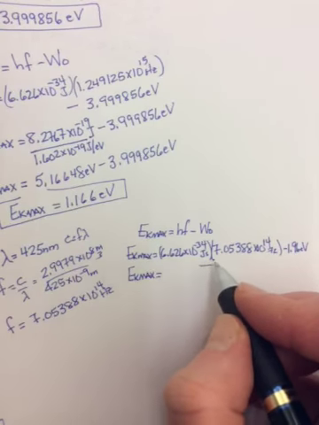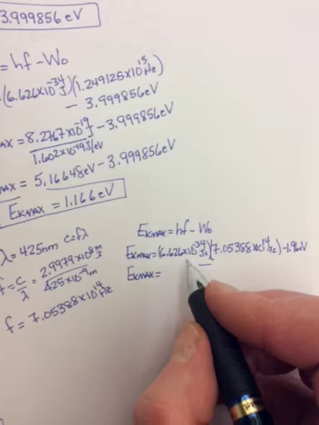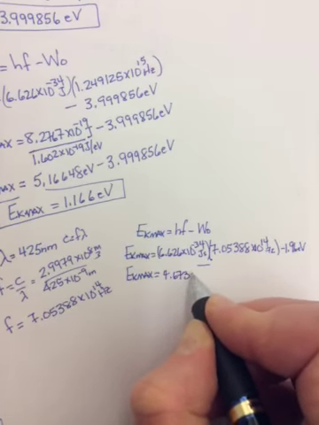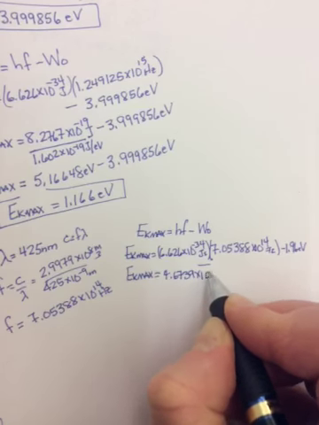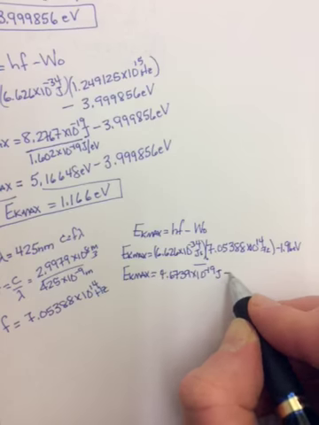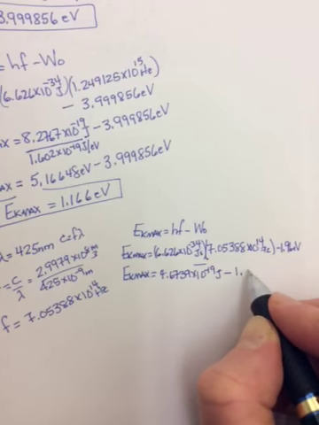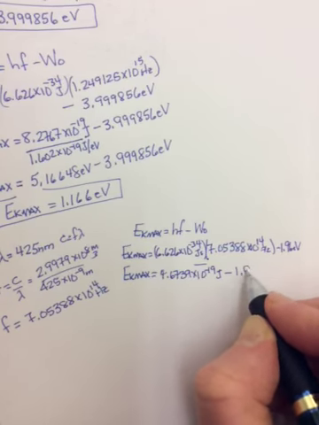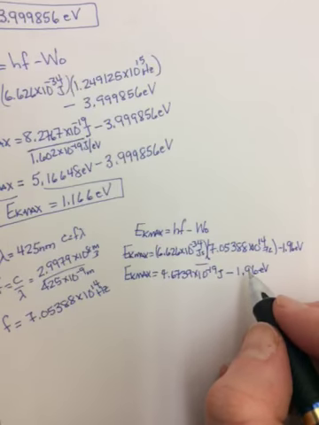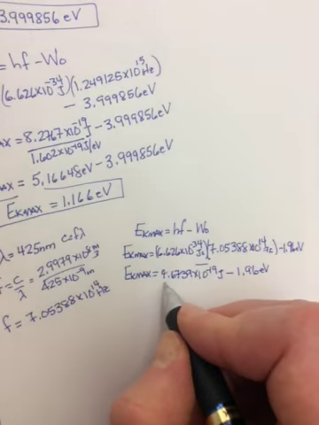So when we multiply this out, it ends up being 4.6739 times 10 to the negative 19 joules, and then that'll be minus 1.96 electron volts. But the question wants the kinetic energy in electron volts.